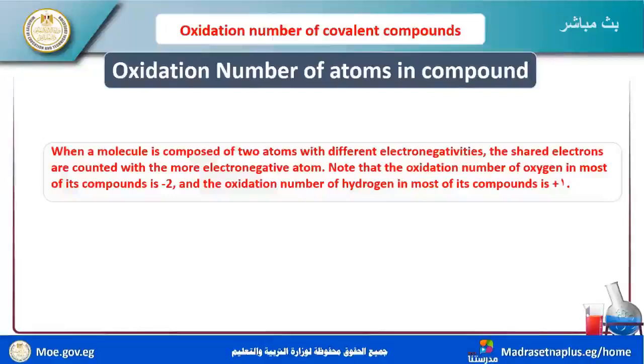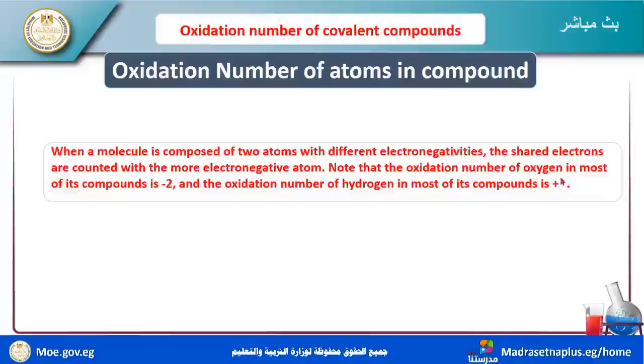So you have anions and cations, positive and negative. Now the shared electrons are counted with the more electronegative atoms.